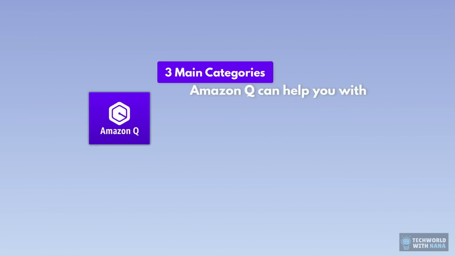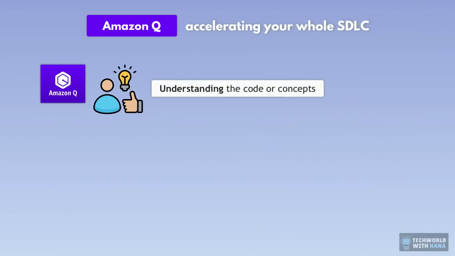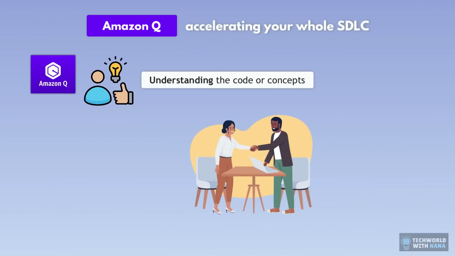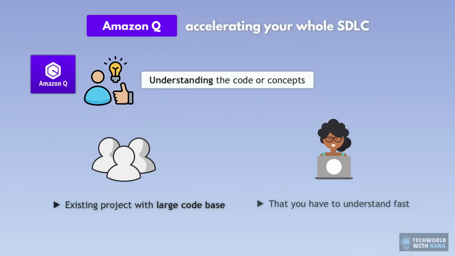The first one is understanding the code or concepts themselves. So for example, if you are new to a project and the team has already written an automation project that has been developing for multiple months or years, there's going to be a huge code base that you're going to have to understand.